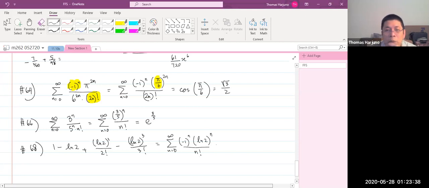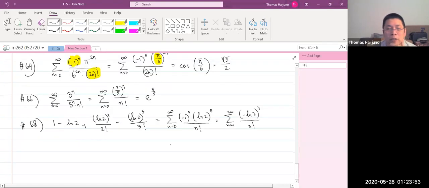Let me put this in. This is negative ln2 to the n over n factorial. Oh, okay. This is e to the negative ln2.